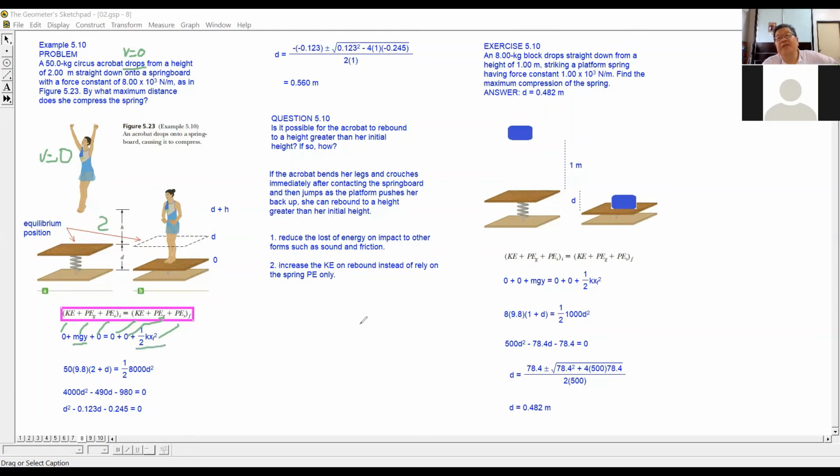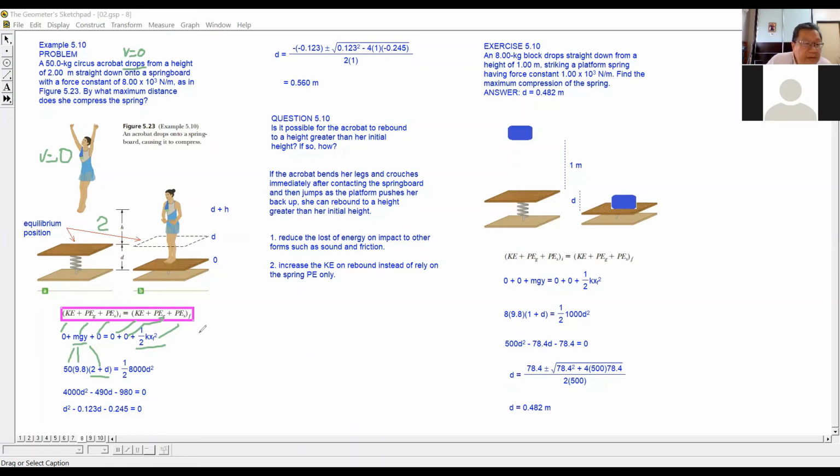Last one, spring potential energy. But the initial potential energy is mgy, m is 50, g is 9.8, and the distance dropped is 2 meters plus d. 2 meters is the height between the acrobat and the spring platform. D is the distance compressed, and this distance compressed also has gravitational potential energy. That's why the d is there.